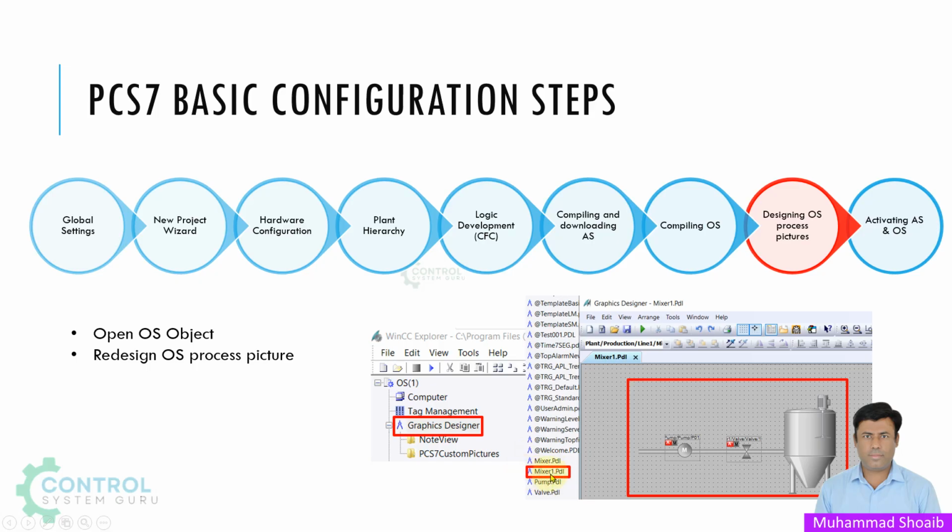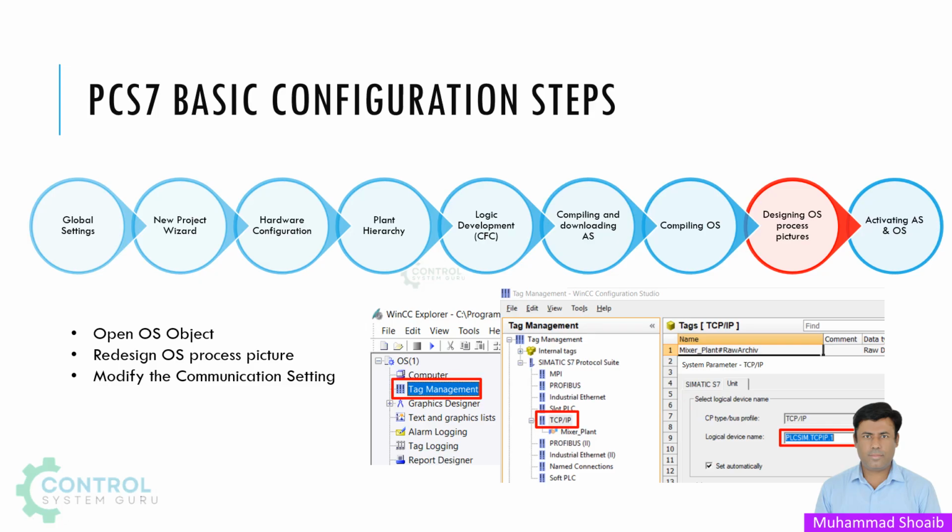In mixer one you will open the picture of the mixer, and you will find two objects, the motor and valve object. We will import this tank and this motor here, and we will redesign our whole graphics.